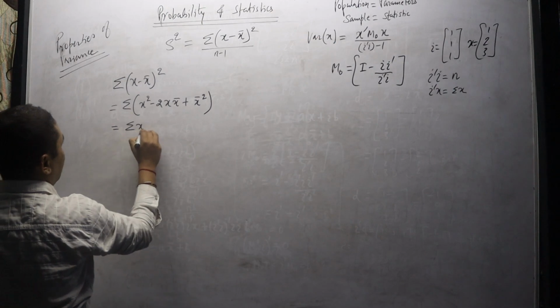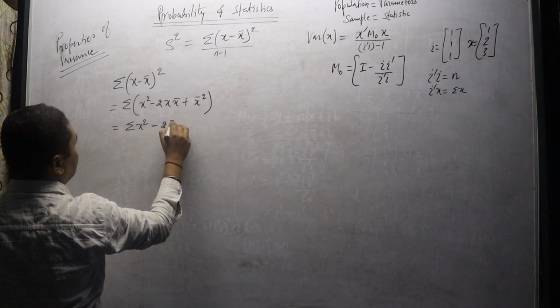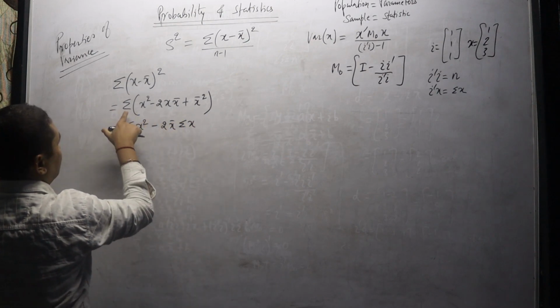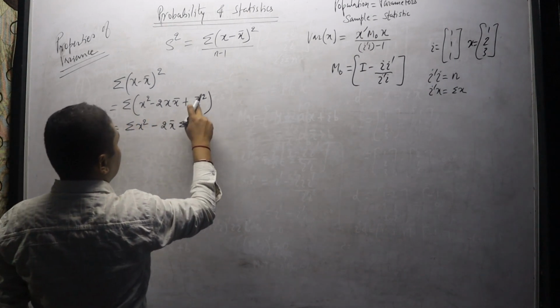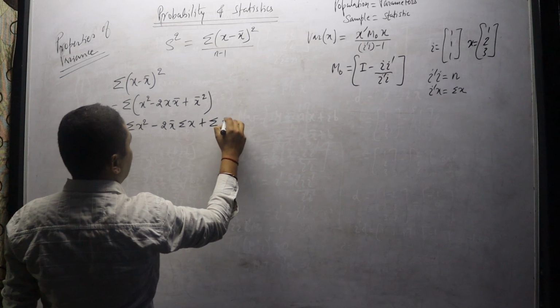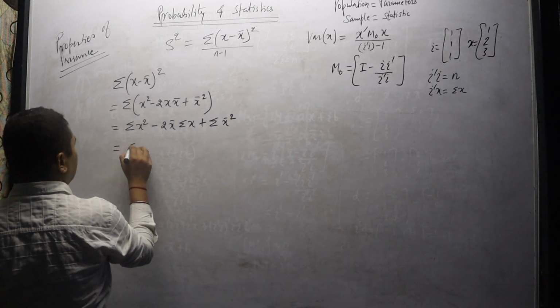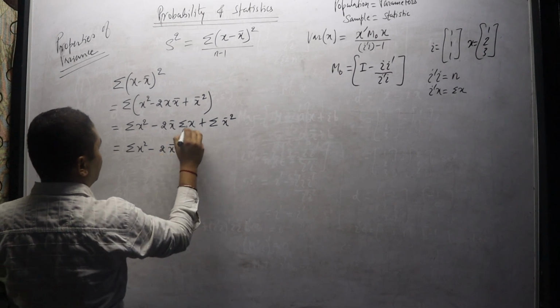So this is equal to the summation of x square minus 2 x bar, since x bar is a constant, and we are left with the summation of x. Then plus, let us apply the summation to this as well. x bar is constant, so its square is also constant, and we use the summation of x bar square. If we operate further, this equals the summation of x square minus twice x bar times the summation of x.